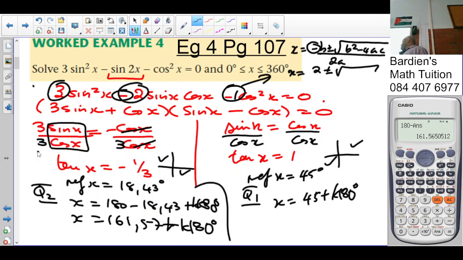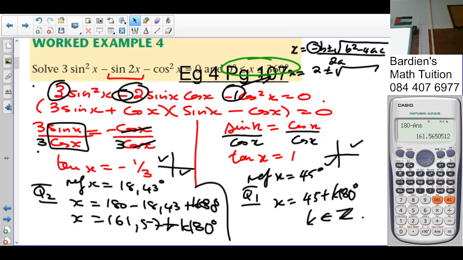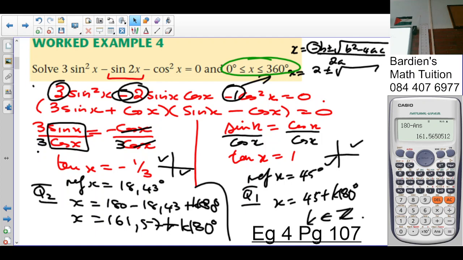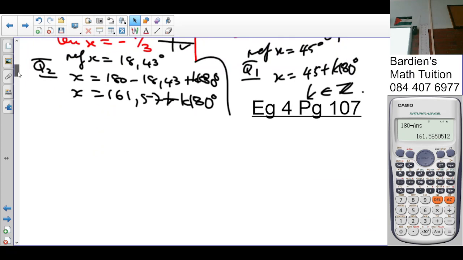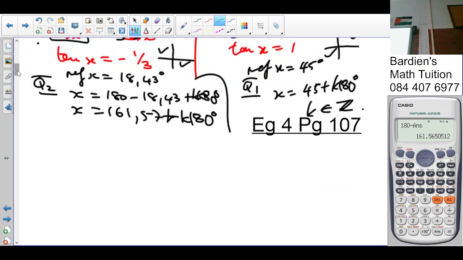But again, tan will be a repeated solution. Remember now we have a restricted domain here from 0 to 360 degrees. So we say x is an element of 0 to 360.